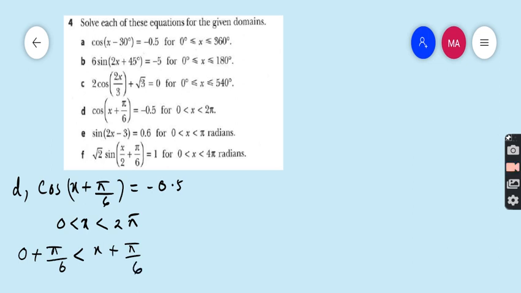X plus pi by 6, and 2 pi plus pi by 6. 0 plus pi by 6 is pi by 6, less than x plus pi by 6, less than 2 pi plus pi by 6, which is 6 2s are 12, plus 1 is 13 pi by 6.